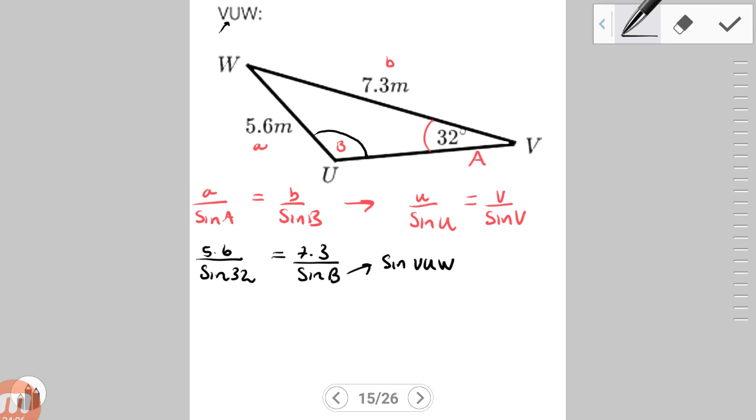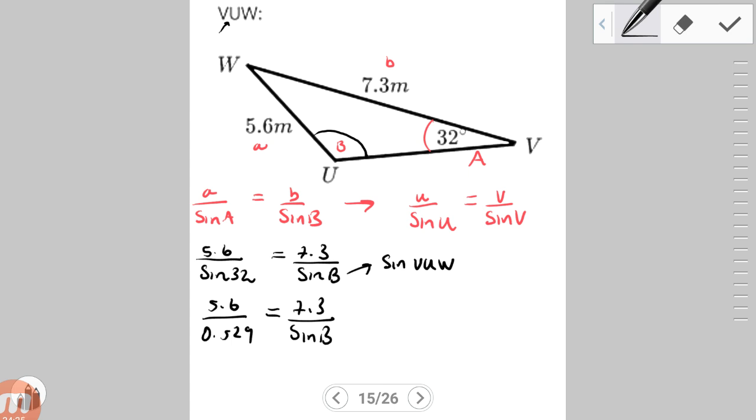All right, so let's go on our calculators. We're going to find the sine of 32. We're going to find that this is 5.6 divided by 0.529, or 0.53 rounded off. 0.530, but let's just use 0.529. And that's going to be equal to 7.3 over the, obviously we don't know what sine B is, that's what we're looking for.